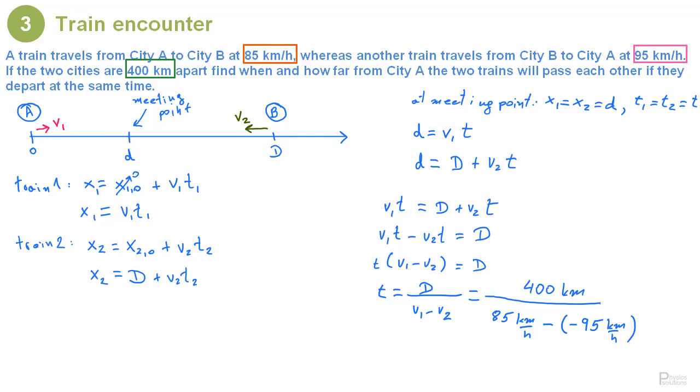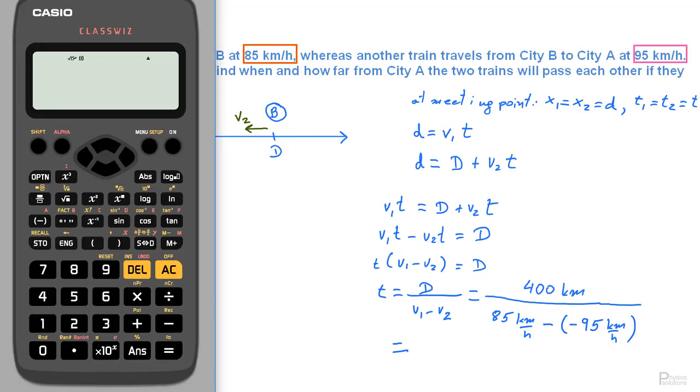So just to repeat that, the first minus here comes just from solving this set of equations, but the second minus inside the parentheses comes from the fact that the second train is moving from right to left. That is an arrow pointing to the left, therefore, since our x-axis points to the right, it should have an extra minus. So once that is clear, we can plug the numbers. And we go to the calculator.